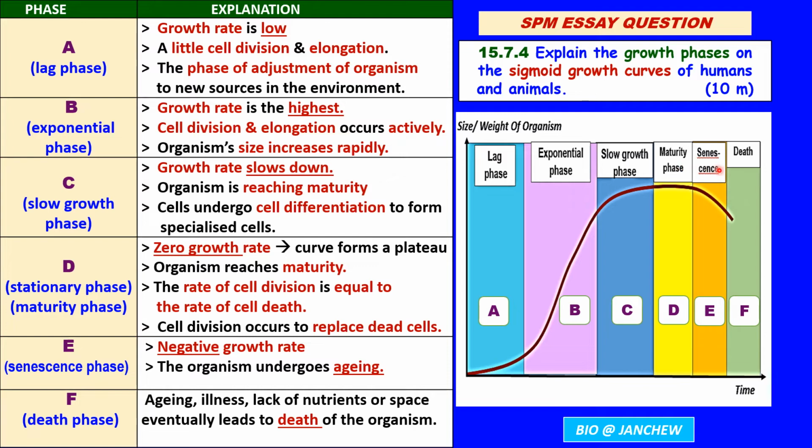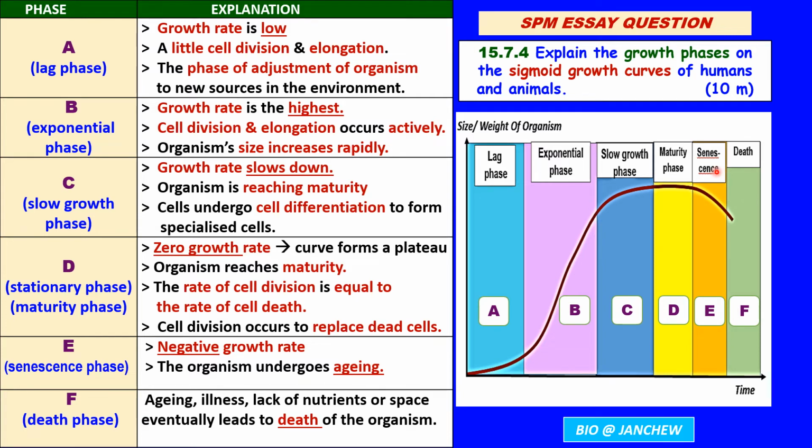Now, E, the fifth phase, after the lag phase, exponential phase, slow growth phase, stationary phase, we have the senescence phase. So senescence means old age, right? This can occur after the age of 50, 60 years old, right? And the growth rate is negative. Why?